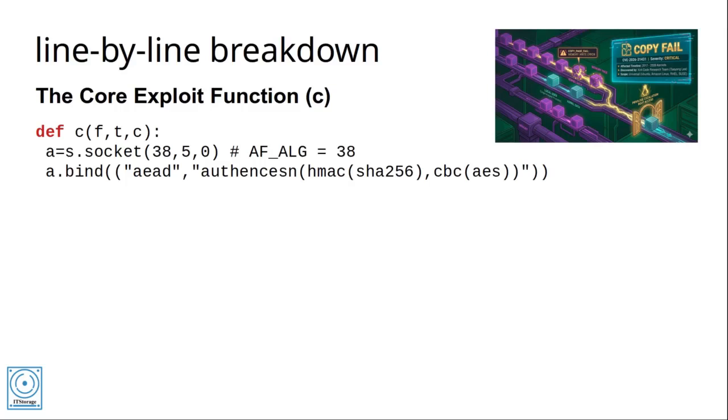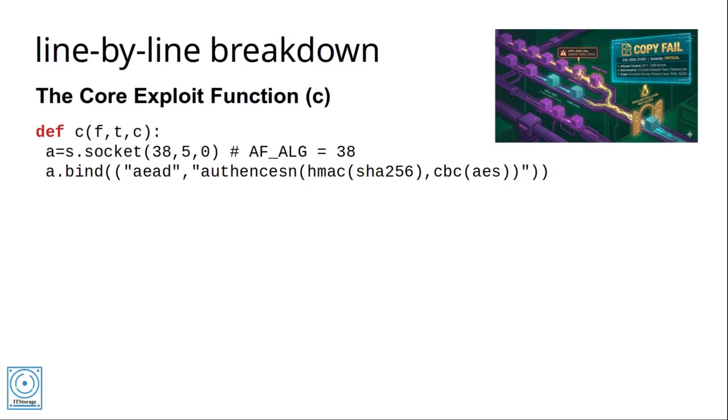It uses the Linux kernel's crypto API and the splice system call to bypass file permissions. AF_ALG. It opens a special socket, type 38, that talks directly to the kernel's internal cryptography framework. Bind. It initializes a specific encryption algorithm, AEAD.